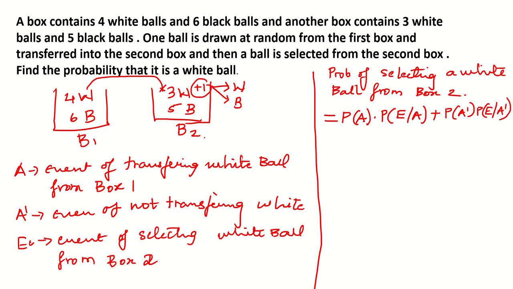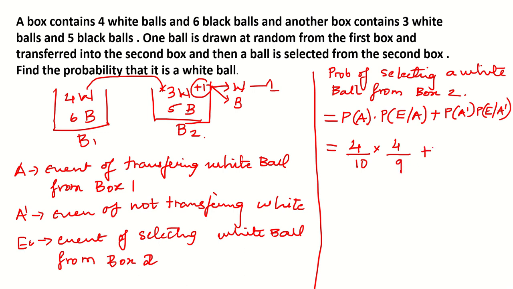So let us do that. The probability of getting a white ball from box 1 is 4 white balls upon the total number of balls, that is 10. Why didn't I use the nCr formula? Because I'm choosing only one ball at a time. This is multiplied by P of E given A. If I add one white ball to box 2, the number of white balls will be 3 plus 1, that is 4, divided by 5 plus 3 original balls plus 1 added, so 8 plus 1, that is 9.